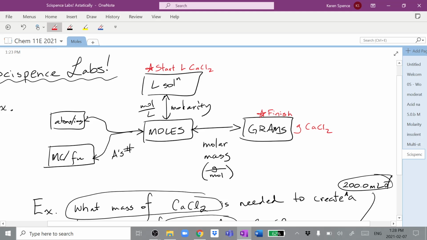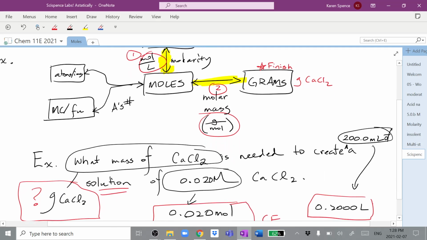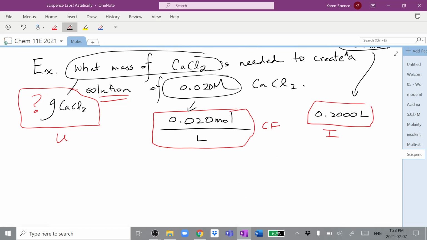And what that means is, oh my gosh, I only have 2 conversions to do here. 1, 2, right? I'm going to need to use my moles per liter for the first conversion, and I'm going to need to use my molar mass for the second conversion. So my map would look like this. Map.